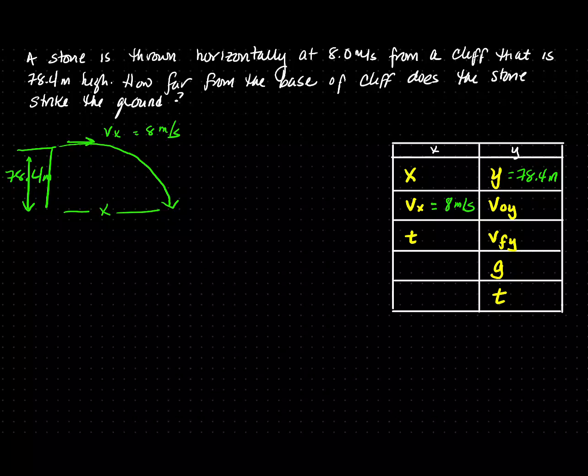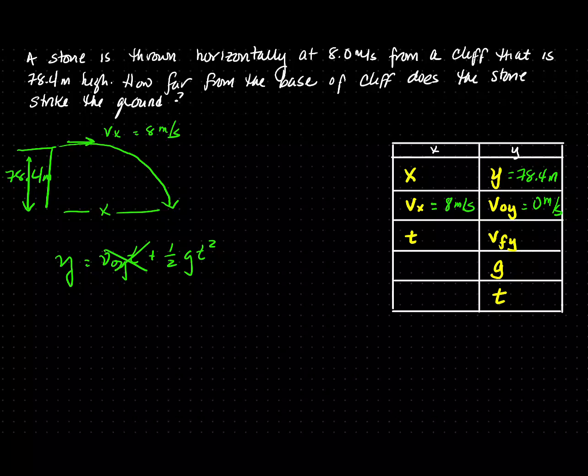Since this object is thrown horizontally, the initial velocity in the y direction is 0 meters per second. So the equation I want to use is y is equal to v naught y t plus 1/2 gt squared. Since it's thrown horizontally, my v naught y is 0, so that cancels out.